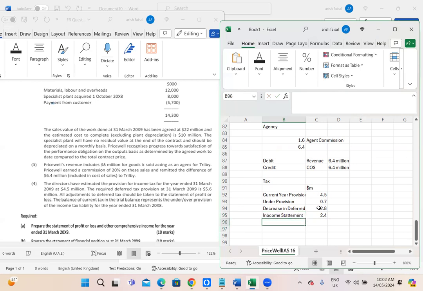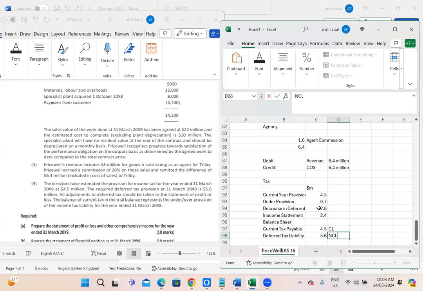As far as your balance sheet is concerned, you just have to record the current tax payable as a current liability, which is going to be 4.5 million. That's current liability. And the deferred tax liability will be at the closing balance, which is 5.6 in your non-current liability.